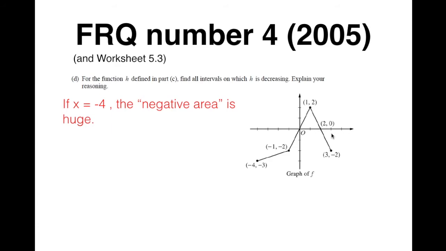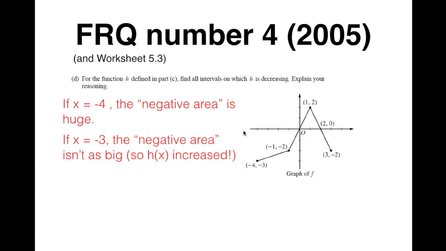If I look at my graph, I have a little bit of area above the x-axis here, which will contribute a positive value, but I have this huge area here, which will give a negative value to my integral. So I wrote it like that. If x equals -4, the negative area is huge because of this whole place here, which will give me a negative number.